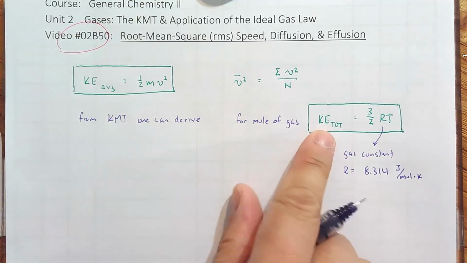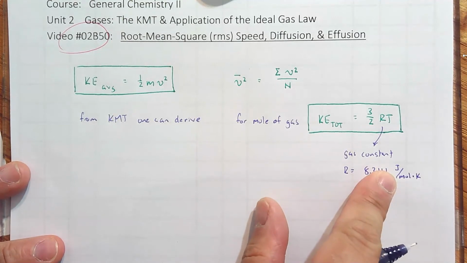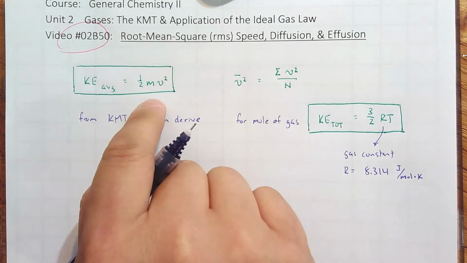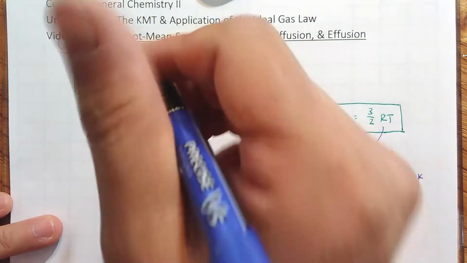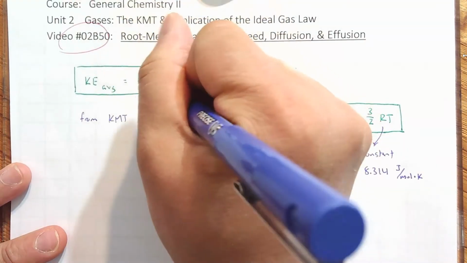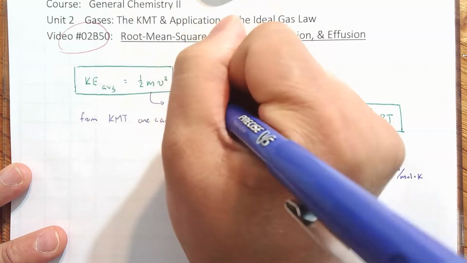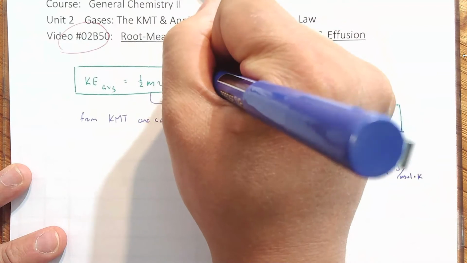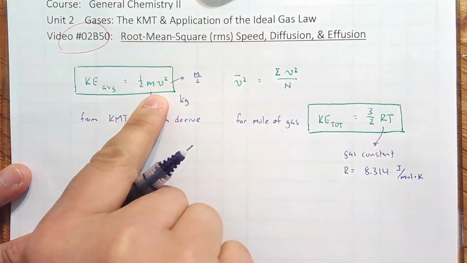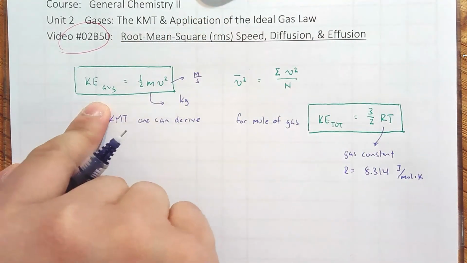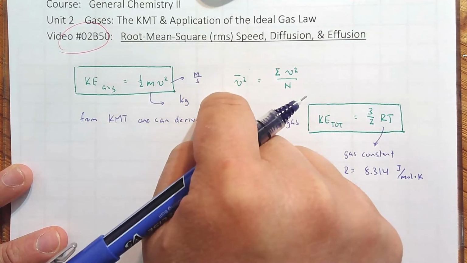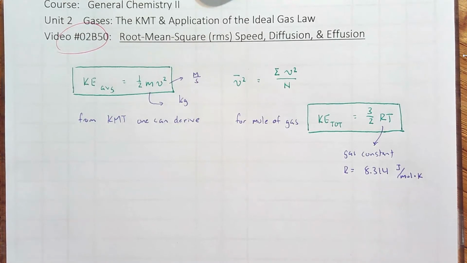So here we get the kinetic energy in joules. Actually, the kinetic energy here, you could tell, is m in kilograms, we've seen this before, and then v is meters per second, but remember it's squared. So the kinetic energy is in kilograms meter squared over second squared, and that is joules.